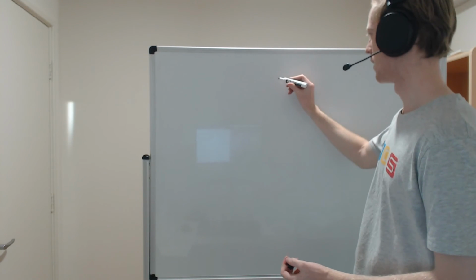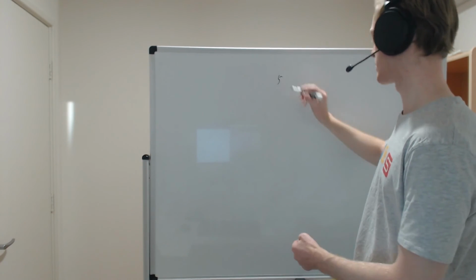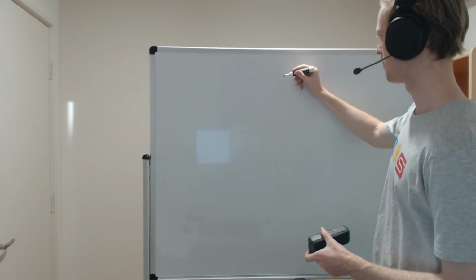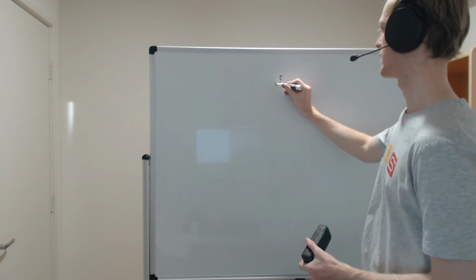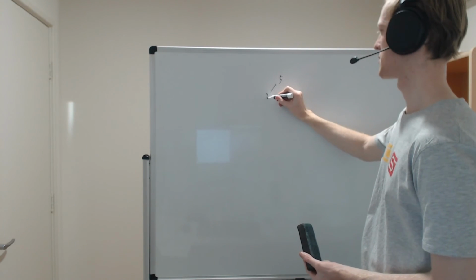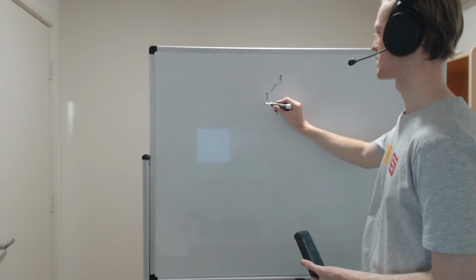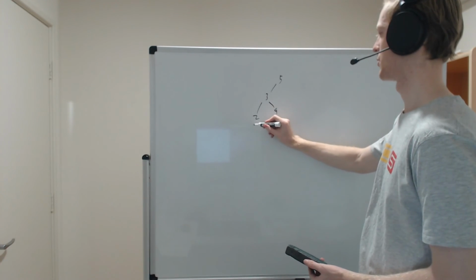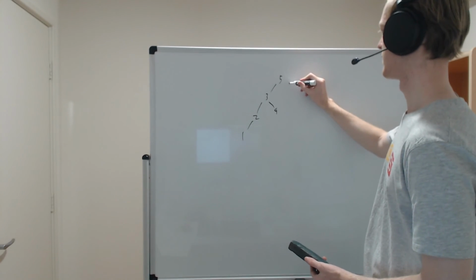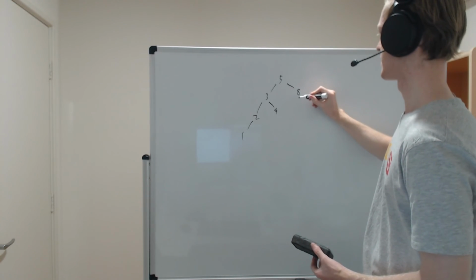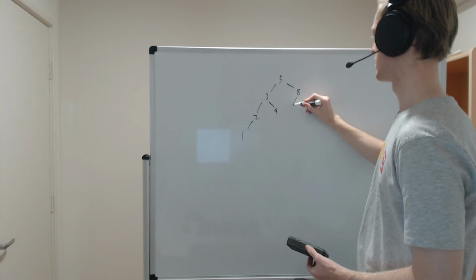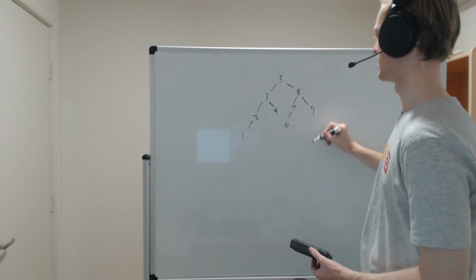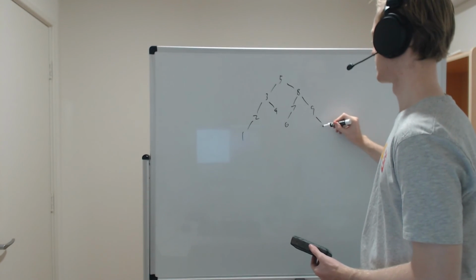So we'll start with a node with key of 5. You can have 3 to its left, 4 to its right, 4 to the right of 3, 2, 1, and this can have 8, 7, 6, 9, 10.